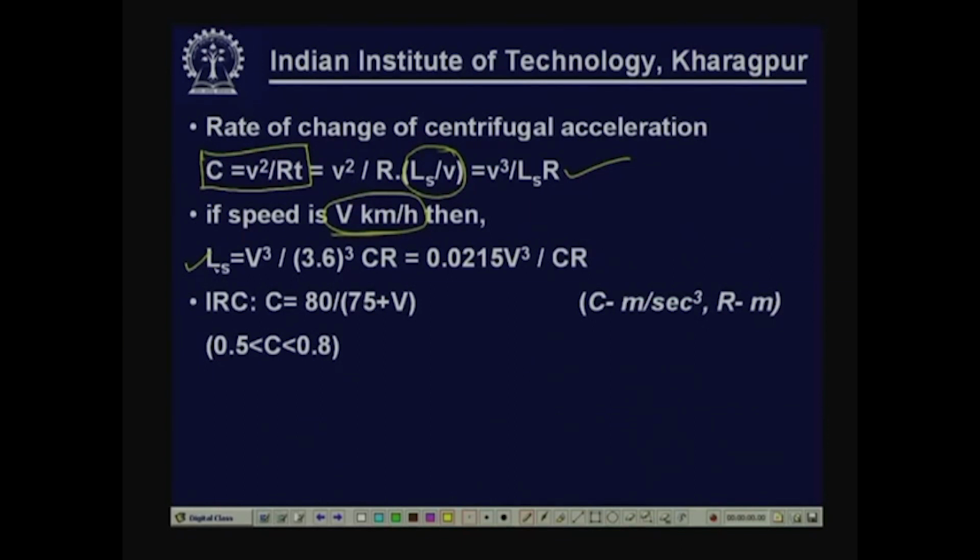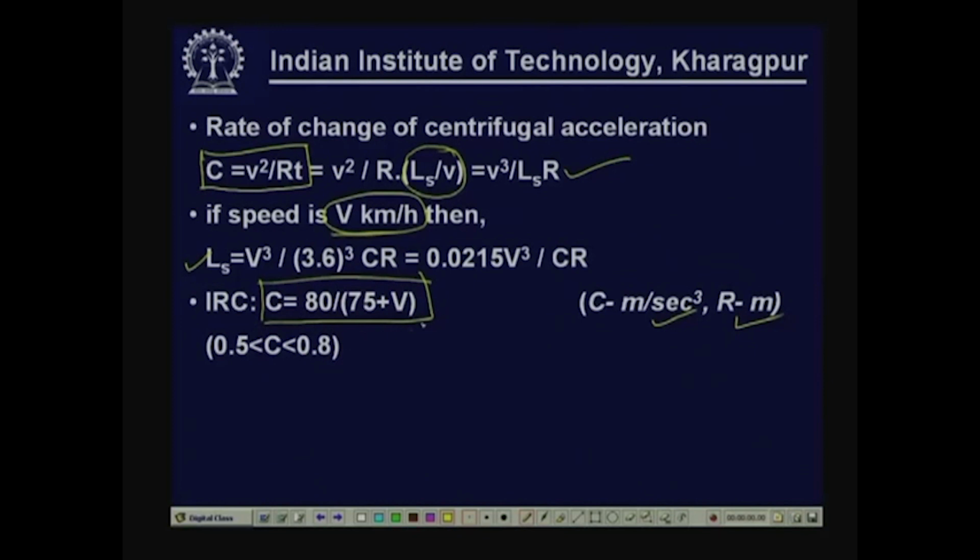Now, Indian Roads Congress guidelines specify that this C value may be calculated using this formula: 80 by 75 plus V. So, this is the equation used for calculation of the value of C, where C is in meter per second cube and radius is in meter.